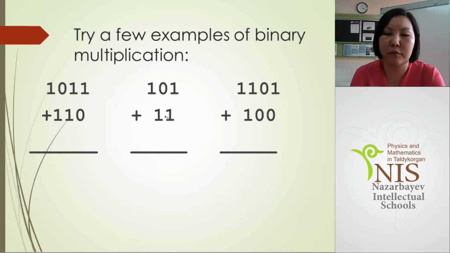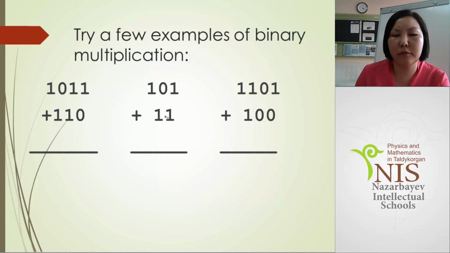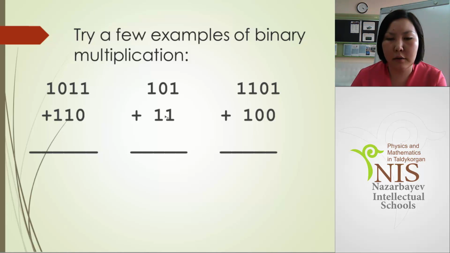Try a few examples of binary multiplication. Sorry for the errors on the PowerPoint, but here you have to multiply these two numbers by each other. First example is 1011 multiplied by 110.